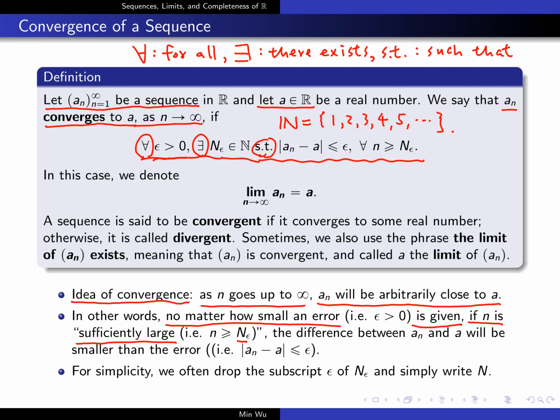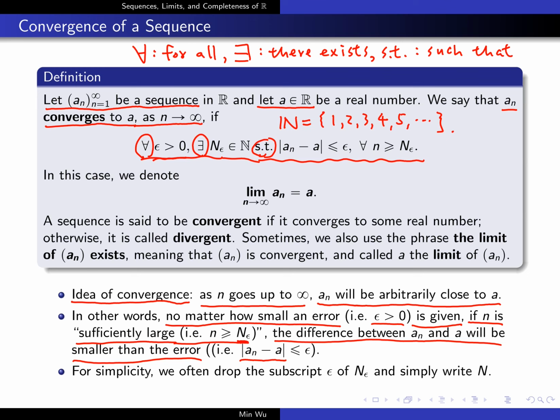So if we are given an arbitrary error, epsilon greater than 0, then there is a sufficient index, N epsilon, such that when n is greater than or equal to N epsilon, which means it is sufficiently large, then the difference between a_n and a will be smaller than the error. The difference between a_n and a is measured by the absolute value of a_n minus a. This is the distance between a_n and a.